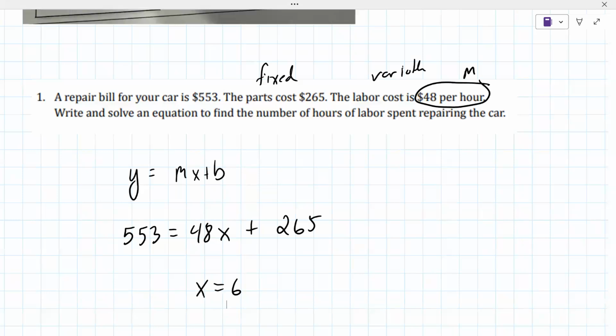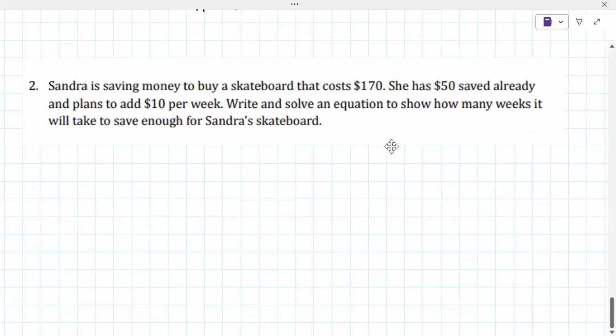Okay, let's keep going here. Number two is similar. There's a linear equation that you can write here, almost exactly the same. Y equals mx plus b situation. See if you can write the equation.